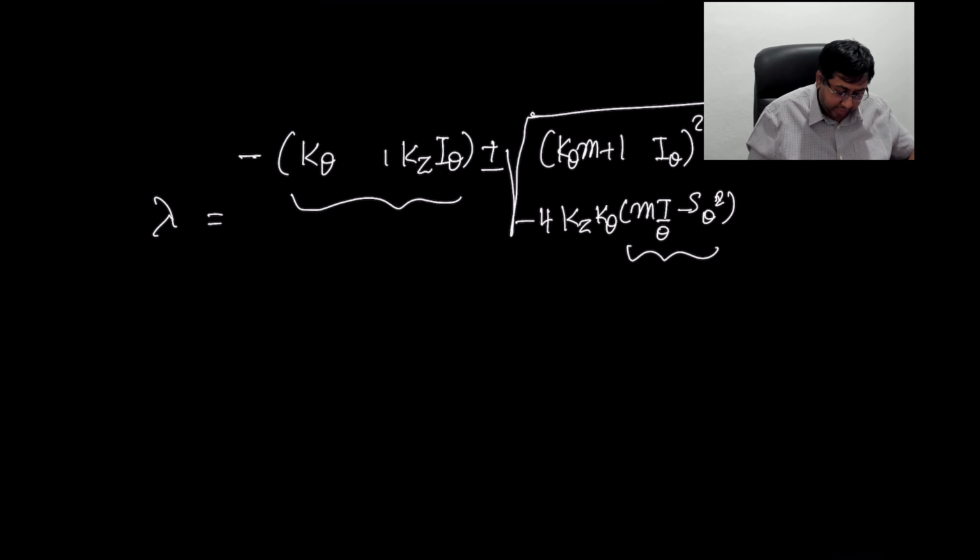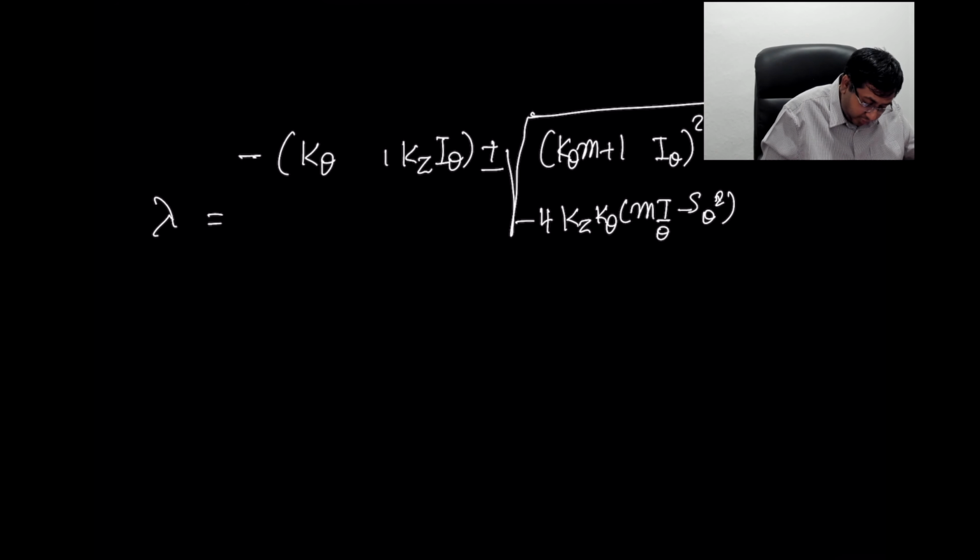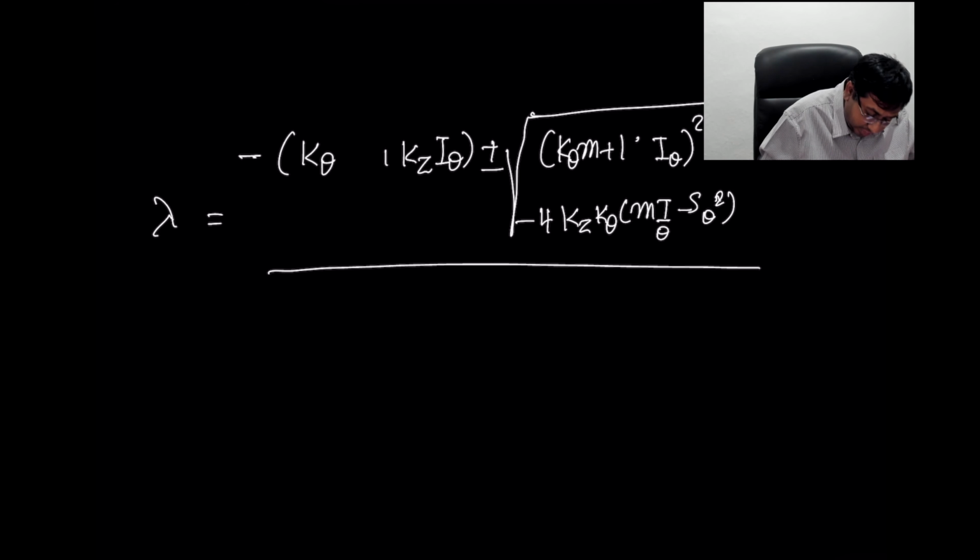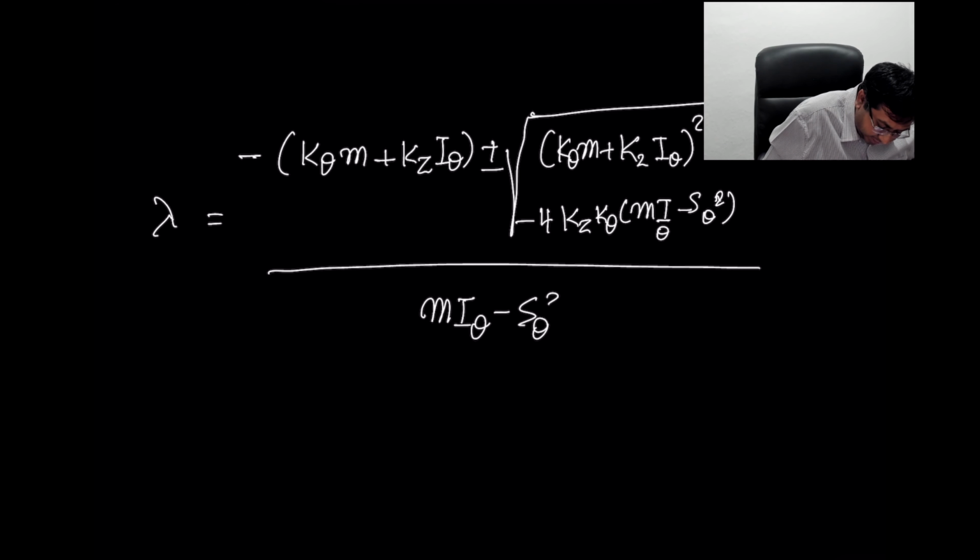Theta square, right? So now let's try to separate this all out, whole divided by our numerator, denominator is nothing but m into I theta minus s theta square, right? I think that's a 2 as well.